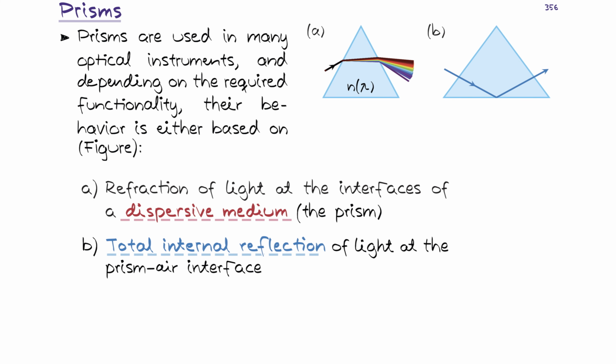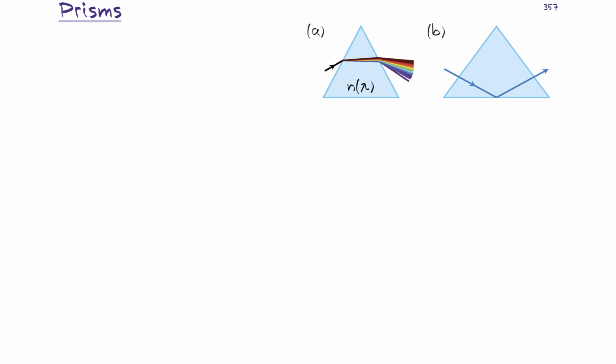In the second possibility, we are just using prisms to flip the handedness of the image to be formed, or I can guide light in a neat fashion, because this reflection based on total internal reflection is a pretty broadband process and doesn't depend much on the incident wavelength, as we have already discovered in the homework exercise, I think. So this is another way we can make use of prisms: to reflect and guide light.